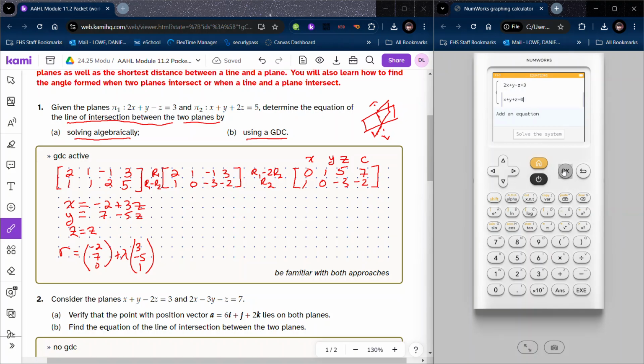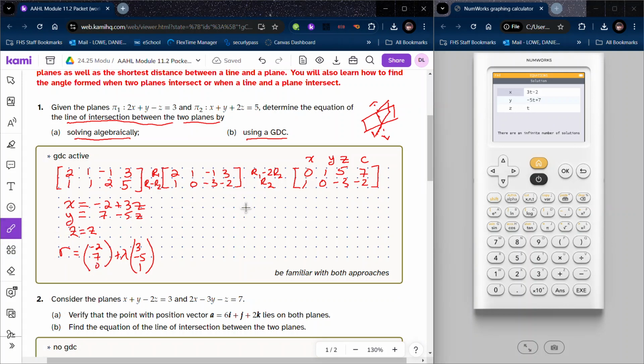And my second equation is x plus y plus 2z is equal to 5. And if I solve this equation, you'll notice that x is equal to 3t minus 2, y is equal to negative 5t plus 7, and z is equal to t. So that would be the parametrized form of my equation.